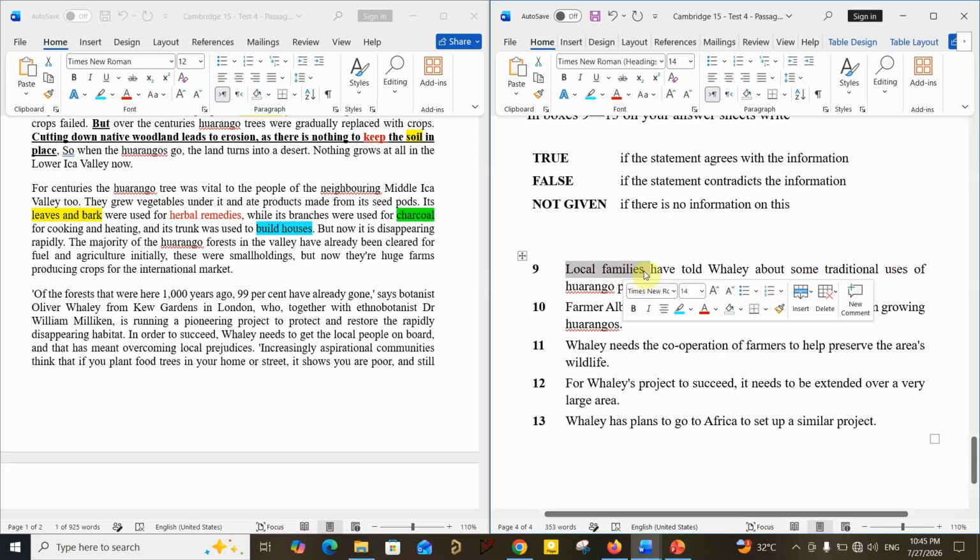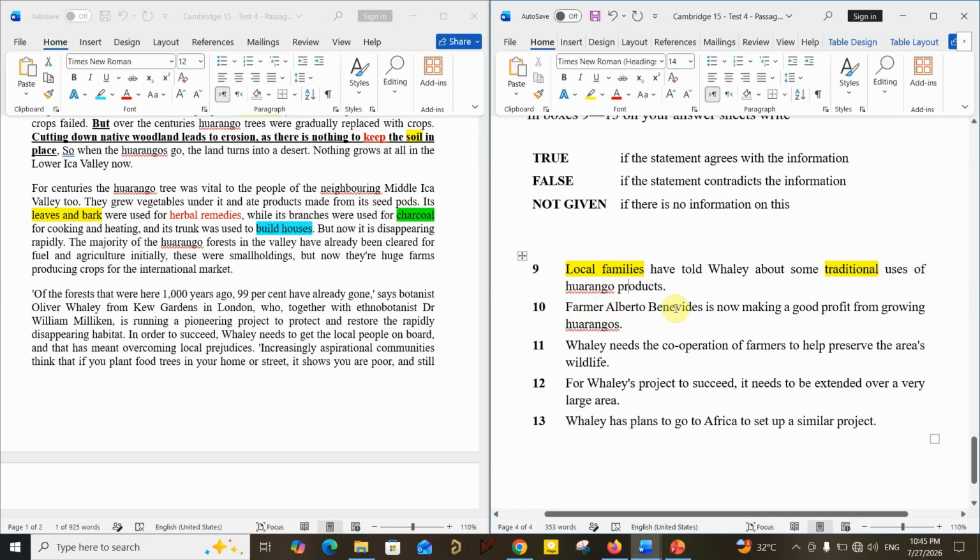So it's about local families who told Valley about some traditional uses of Horango products. It's better for you to highlight all keywords related to true, false, not given, especially the first two. Maybe one of them is not given, so you couldn't find it.